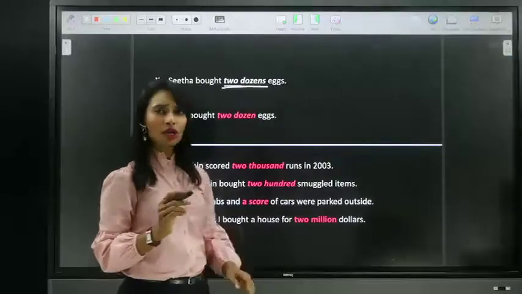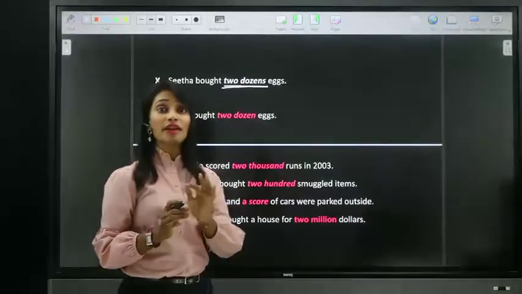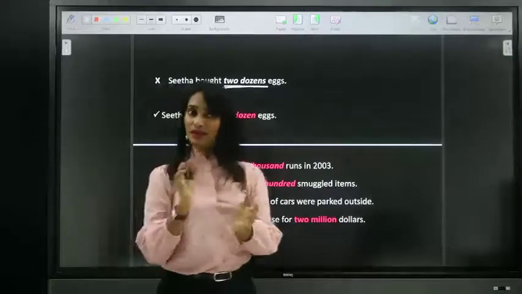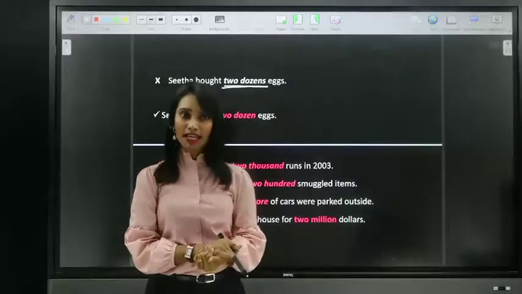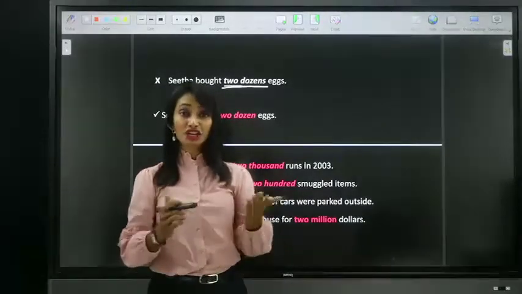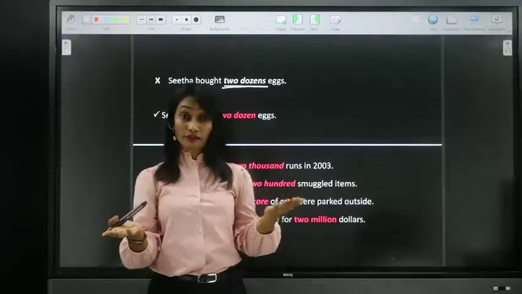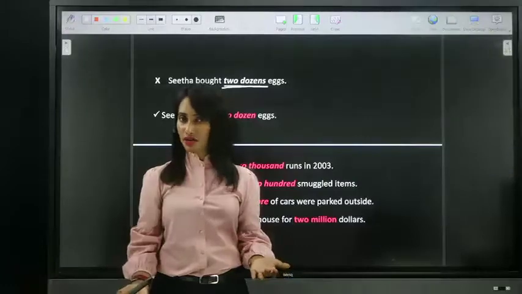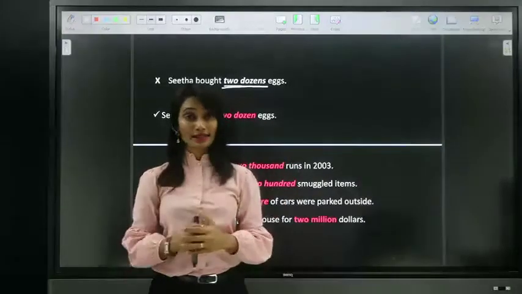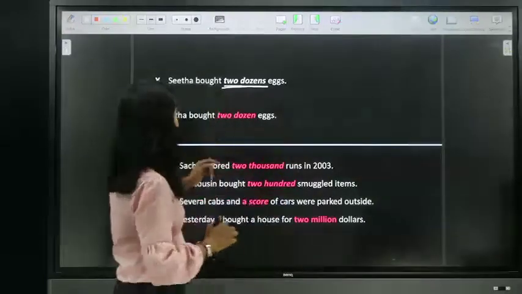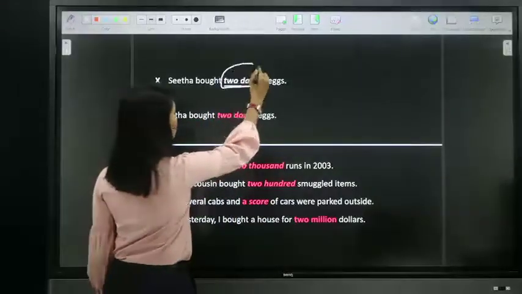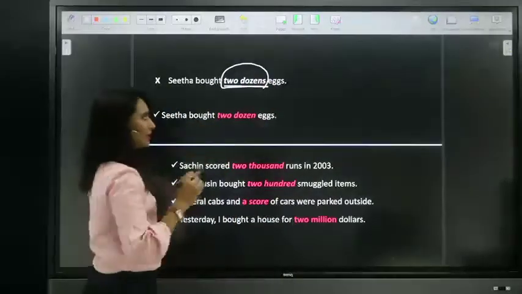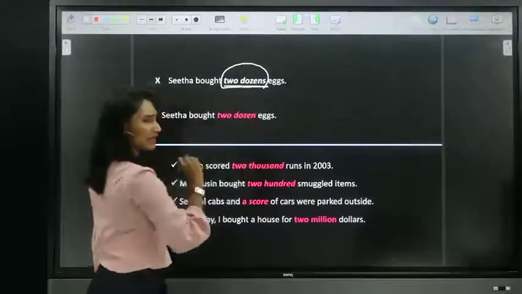I told you some nouns always have the same form, either in singular or plural. Sheep, sheep, fish, fish, deer, deer, reindeer, reindeer, dozen, dozen. Right? So do remember this. Sita bought 2 dozen eggs. Here, dozen means 12.